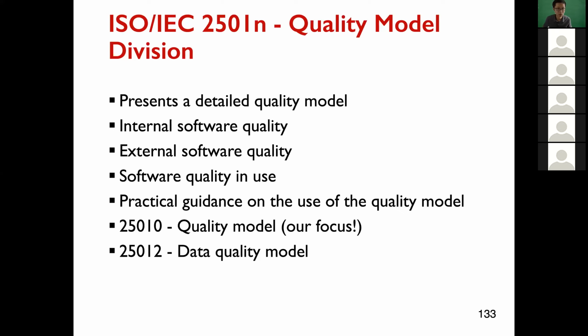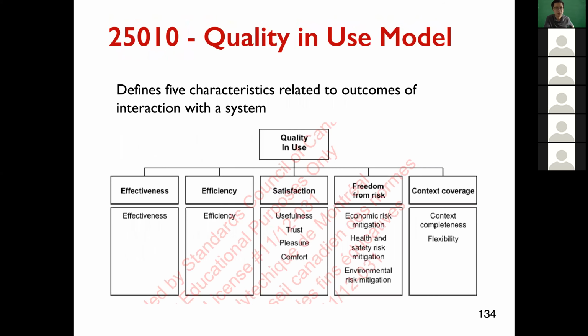Let's look at the quality model defined in this standard. This is similar to the quality model defined by McCall. Here, these standards define 5 characteristics related to outcomes of interaction with the system.